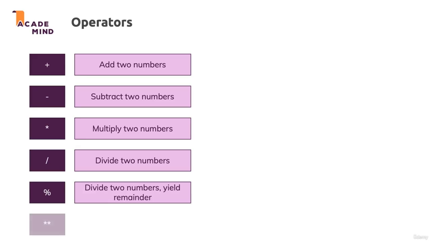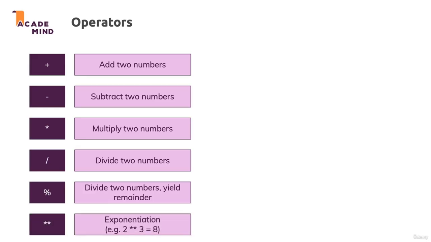And there also is the exponentiation operator, which allows you to, well, use exponentiation on a number. Now, these are the mathematical operators, which you typically also know from math. There also are other operators in JavaScript, like the assignment operator, which we already used to assign a value to a variable, the equal sign.